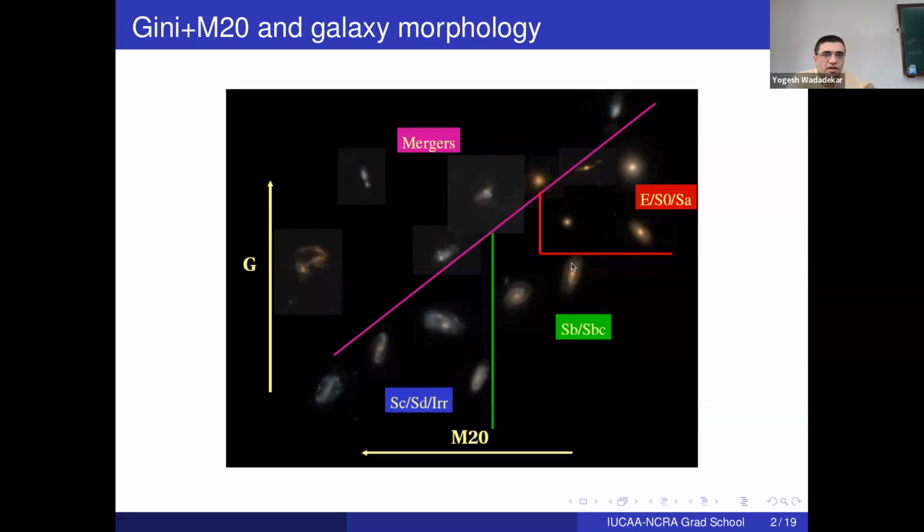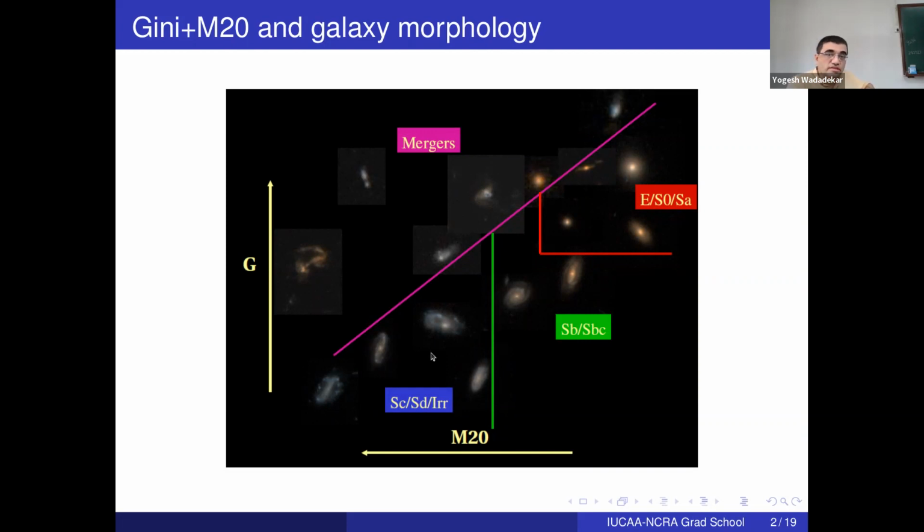But over here are your Milky Way like spiral galaxies, which have low value of M20, and a relatively low value of G, or intermediate value of Gini. They're not really low. There are no galaxies here.